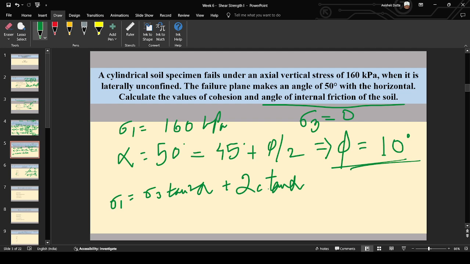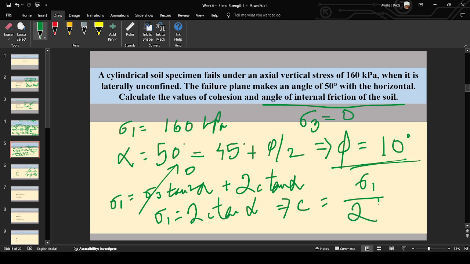If it was not given, we would have used the previous formula for saturated clay. Since we have the angle of internal friction given, it is a c-phi soil. Here we have sigma 3 equal to 0, so this equation becomes sigma 1 equal to 2c tan alpha. From here we can find the value of cohesion: c equals sigma 1 divided by 2 tan alpha.